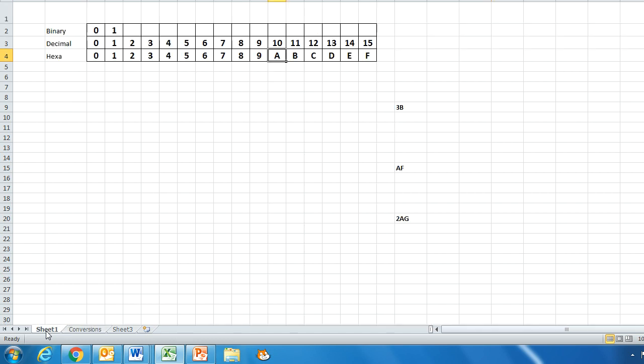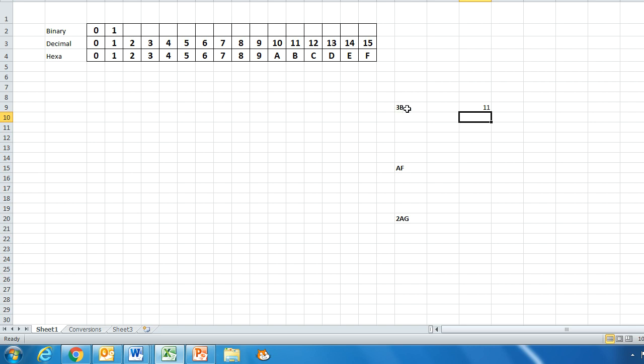So let's go back here and say 3B. Right, so we are now just doing a little calculation. The right one is the B. What is the value? It's 11. That will just stay the same.